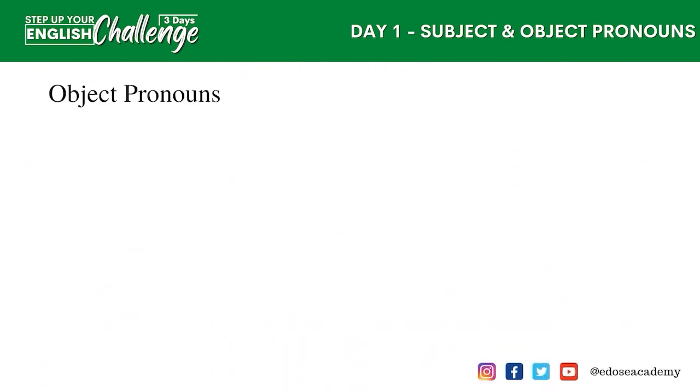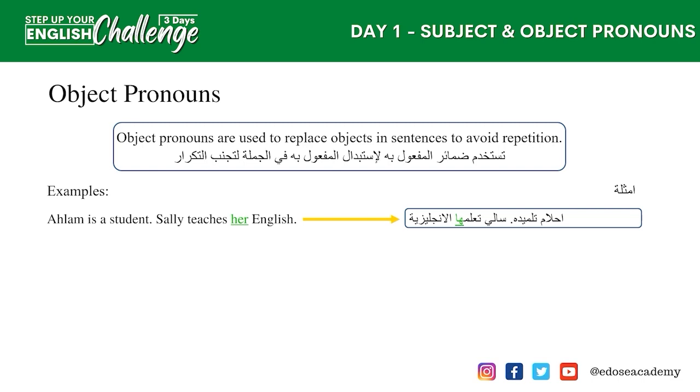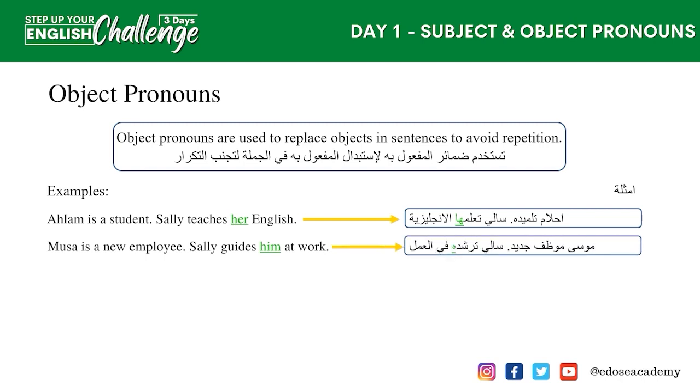Now, the object pronouns, just like the subject pronouns, are used to replace objects in the sentence to avoid repetition. Let's take a look at these examples. Ahlam is a student. Sally teaches her English. Musa is a new employee.